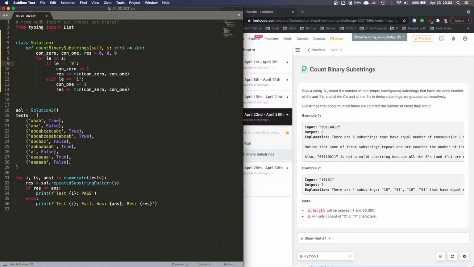That means that's a new start. Hold on. So we count 0 is 2, right? And then we count 1s. And then we hit 0 again. So when we hit 0, if the 0 count is not 0, then we need to set it to 0 because that's when we start.